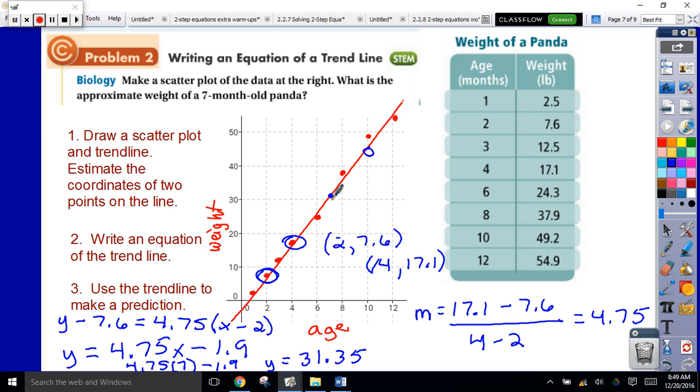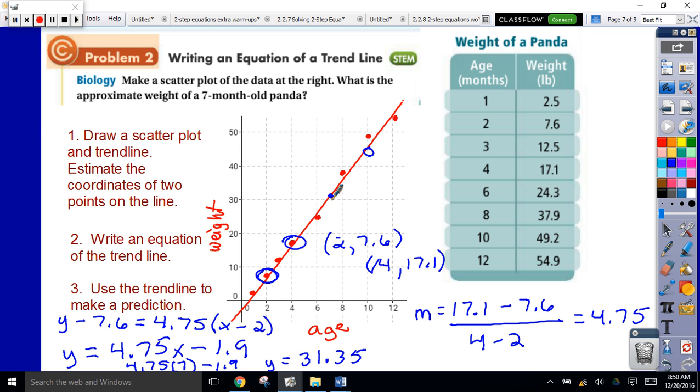Problem though, while we're talking about extrapolation, if we wanted to find the weight of a panda when it was like 22 months old, do you think that this pattern would still work? Do you think this trend would continue, the slope would continue at the same rate? We don't have pet pandas, but we have pet dogs and pet cats, right?